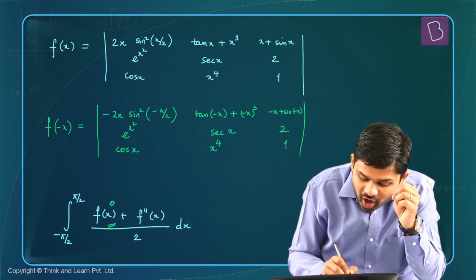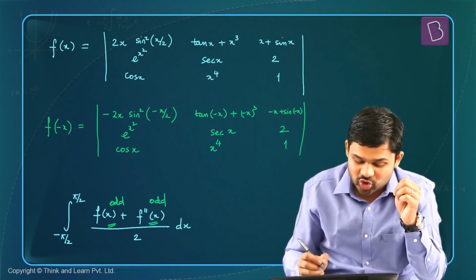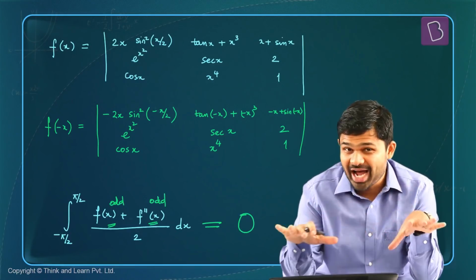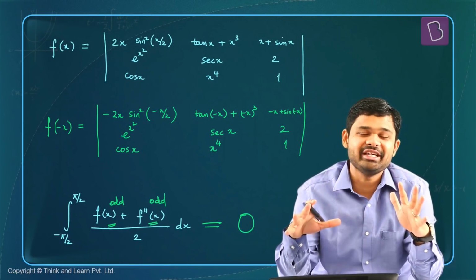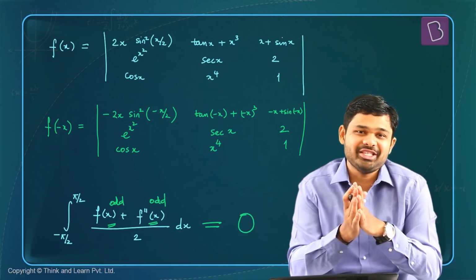F is an odd function. F double dash is also an odd function. So this integral will be equal to 0. You don't have to differentiate your determinant. You don't have to integrate determinants. This question is solely based on properties of definite integrals.